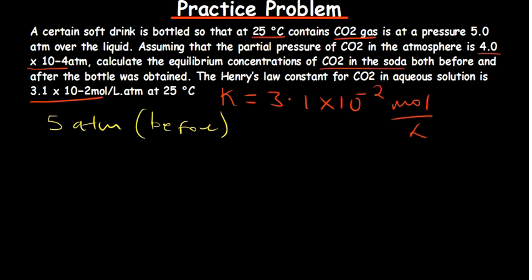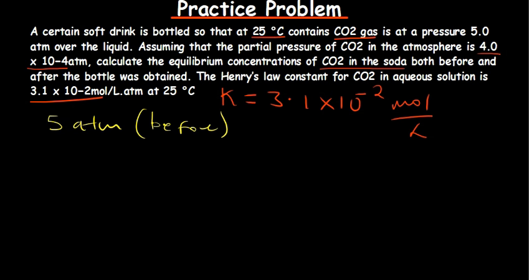Okay, so let's now try to determine the equilibrium concentrations. The equilibrium concentration, in other terms, is the solubility. How much of the gas is present in the solution is the solubility. So let's perform the calculation.